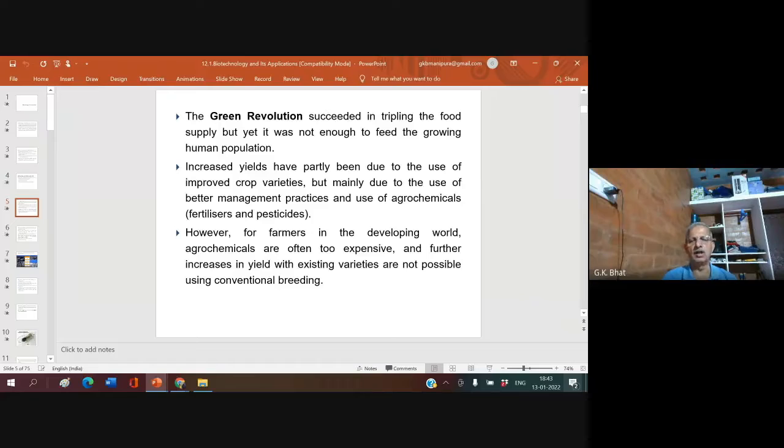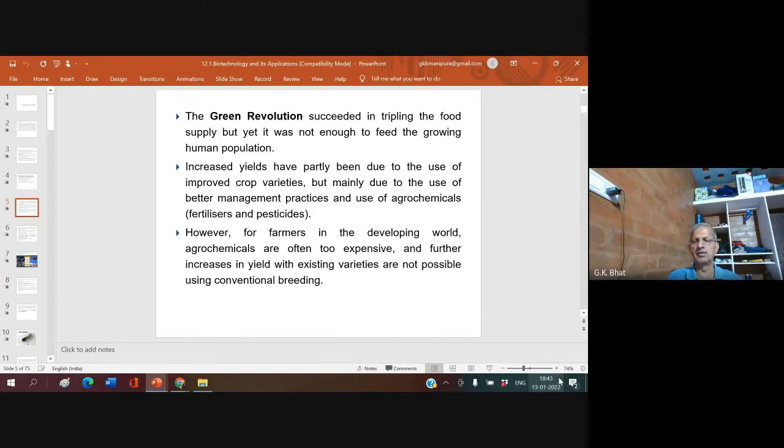So, the green revolution. What do you mean by the green revolution? Anyone? You have heard about that? What is green revolution? Rakesh? How has the green revolution resulted in increasing food production? Hello? Rakesh, are you there? Yes, sir.